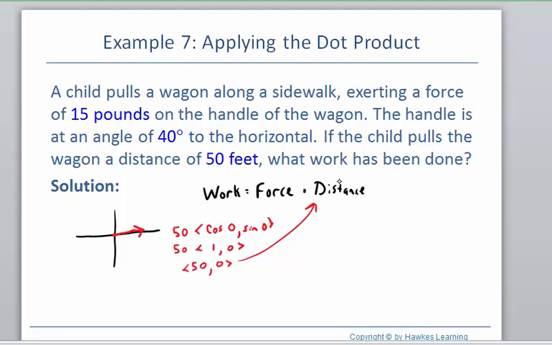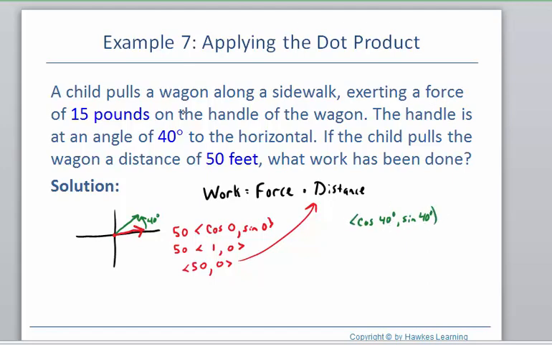Okay, let's look at our force vector. So she's going to pull it with the handle making a 40-degree angle. Our handle is going to come up this way, making this 40-degree angle as she pulls. And so in doing that, we're going to have cosine 40 and sine 40.